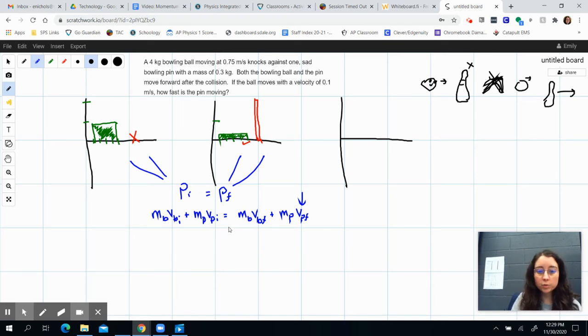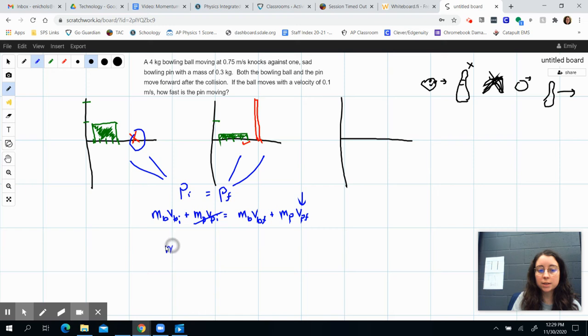So let's plug in zeros first. I know that the momentum initial for our bowling pin is 0, so let's cancel that out. And then we want to get V_PF by itself. It's added to this other piece of the equation, so we want to subtract that away first.